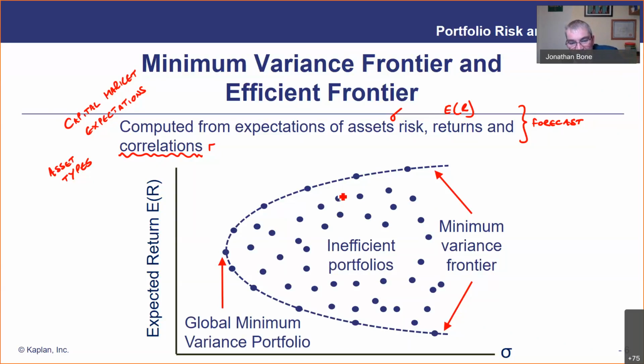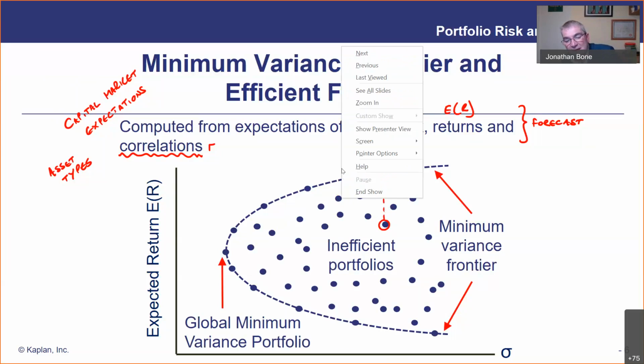It's inefficient because if I held a portfolio up here, okay, it would be generating a higher expected return for the same level of risk. Likewise, this portfolio here, it's inefficient because if I held a portfolio up here on the minimum variance frontier, it would be generating a higher return for the same level of risk.